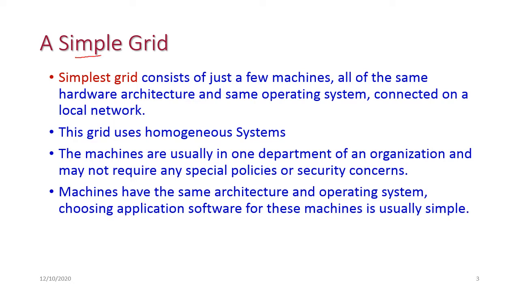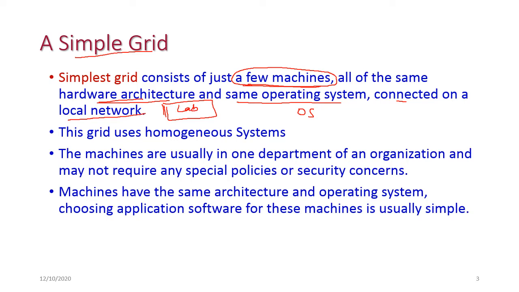The simple grid. The simplest grid consists of just a few machines. With very few machines also we can construct a grid, and all those machines have the same hardware architecture and the same operating system, and those systems will be connected on a local network within a building or within a lab itself.